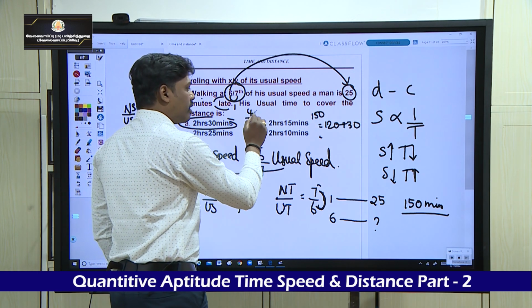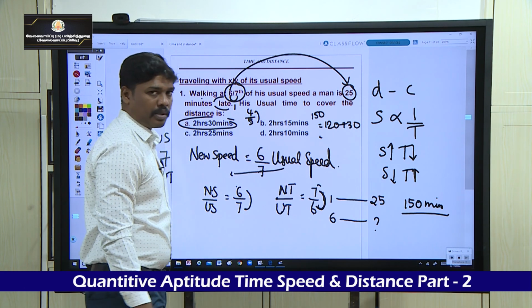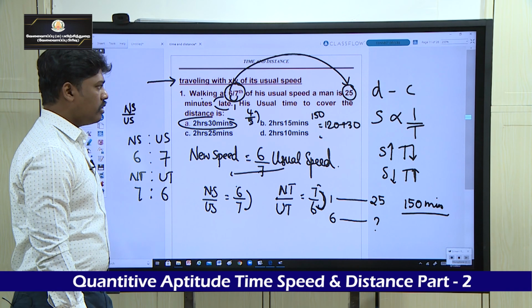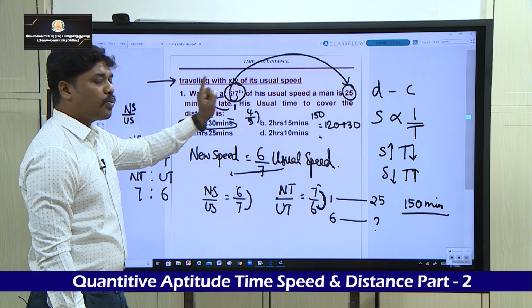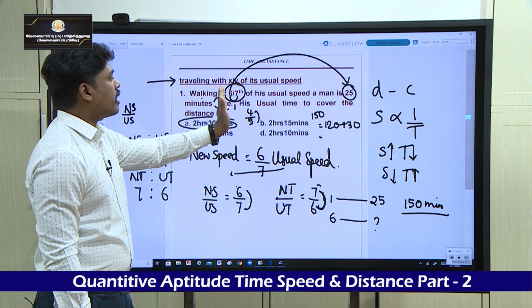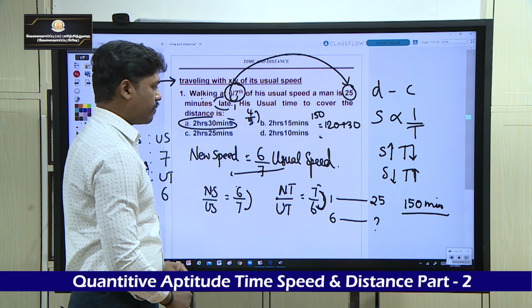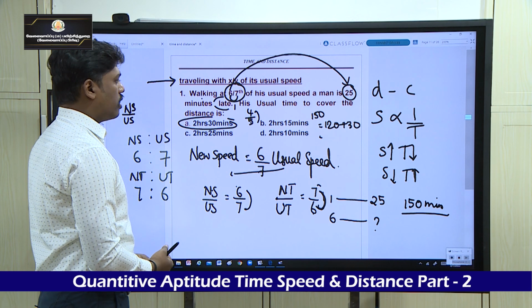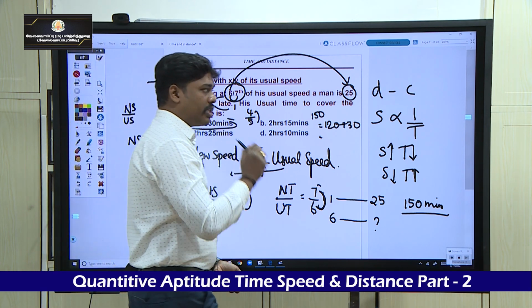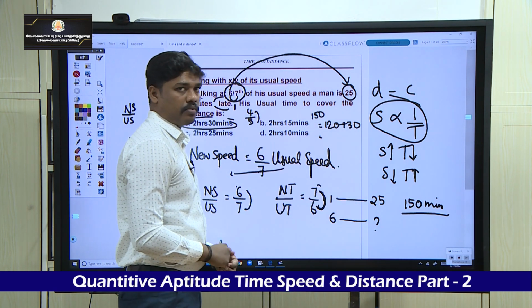If the difference is more than 1, we have to follow the earlier concept. Is that clear? Only when the difference between 6 and 7 is 1, you can just multiply the numerator value into the late time, 6 and 25, and you will be getting 150 minutes. Is that clear? So as I said earlier, this concept is very important.